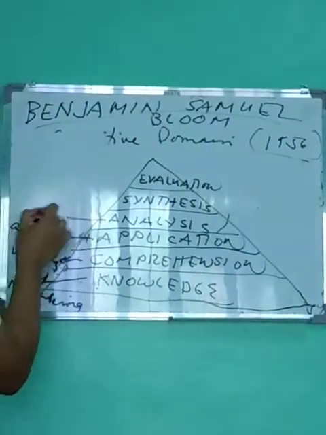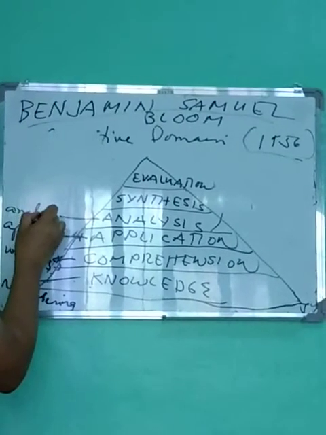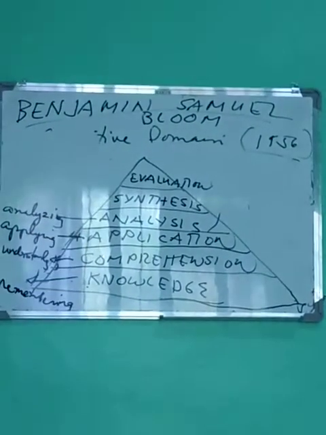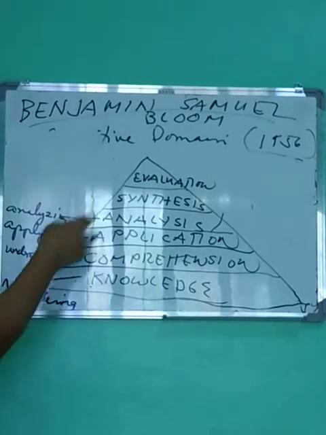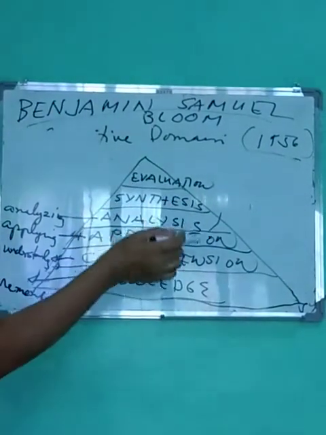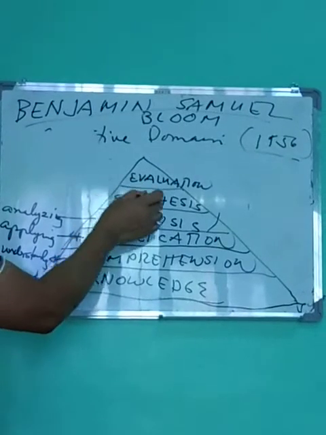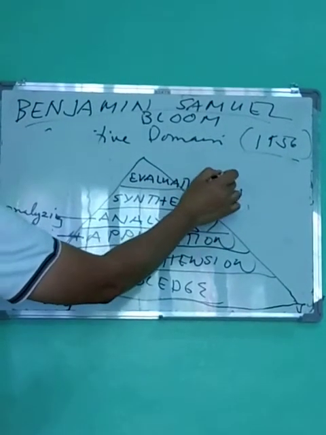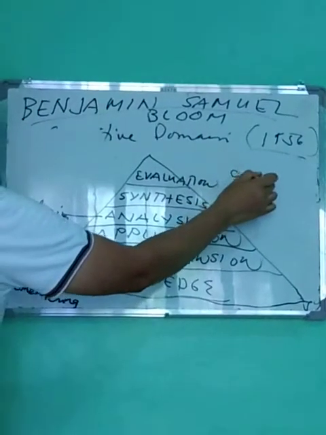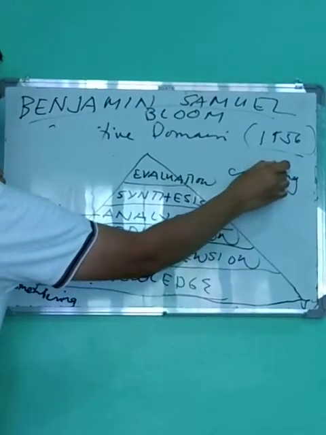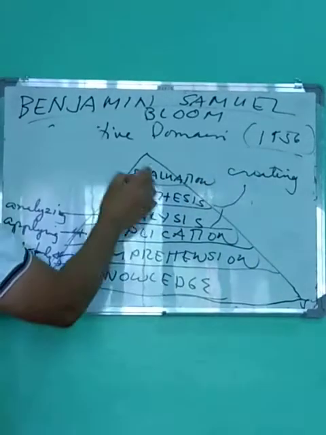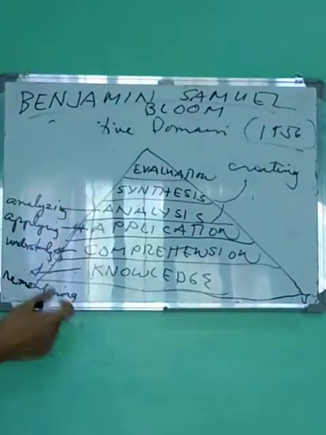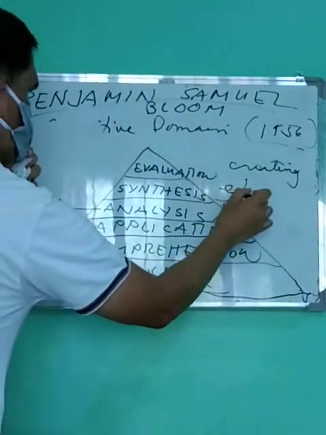This one would now be analyzing. Now, because it's revised, this one is no longer there. It's now going up, because synthesis would now be up, creating. It's now called creating. And then this one is evaluating.